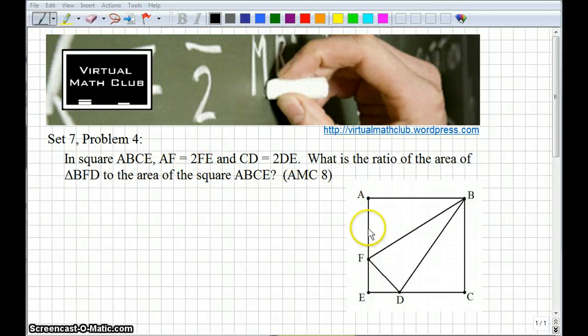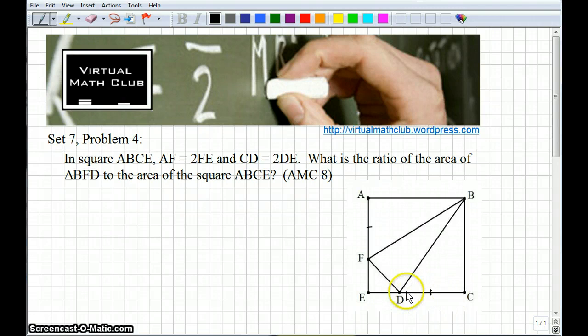So if we were to draw a little hash mark here across there, then the length of these two segments, now that I have AF divided into, should be the same as this length from F to E. Alright, and we're also given that CD is twice DE, so again, I could make a little hash mark here.